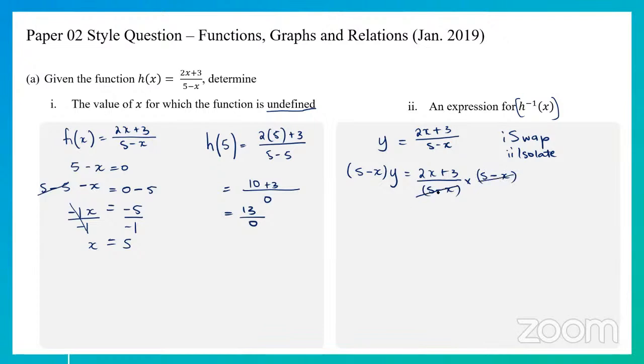So this is going to be 1. 5 minus x times y equals 2x plus 3. We can rewrite all of that as is because we got rid of the denominator. So it's 5 minus x, y equals 2x plus 3.